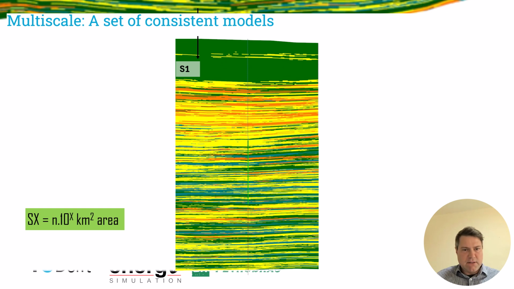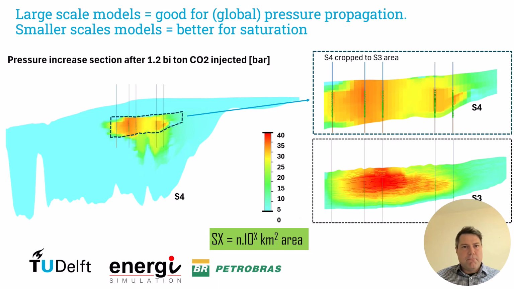You can see here the level of detail that we can cover. By doing so, we can have a great view of the global pressure propagation on the larger scales, and we can see how much it goes into detail when we have the inside control volume.